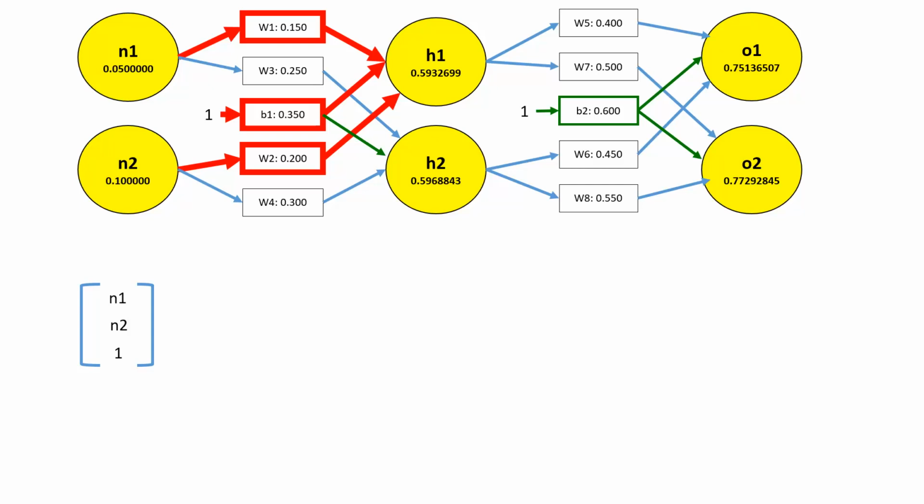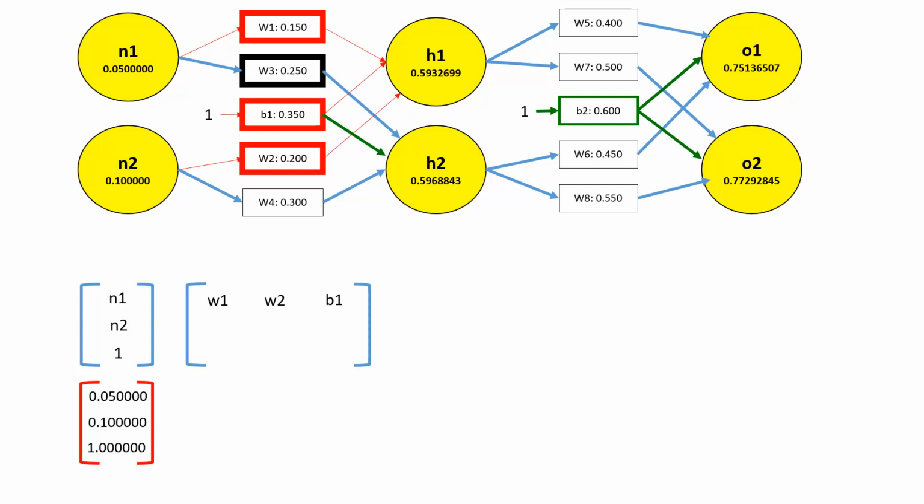So after we've copied our actual input values into our vector, we also copy the value of 1 for the input to the bias synapses. So let's plug in real numbers for this vector. Here you can see that we have the values 0.05 for N1 and 0.10 for N2 in our vector, as well as that hard-coded 1 for the bias. So now let's consider the weights involved in the input to H1.